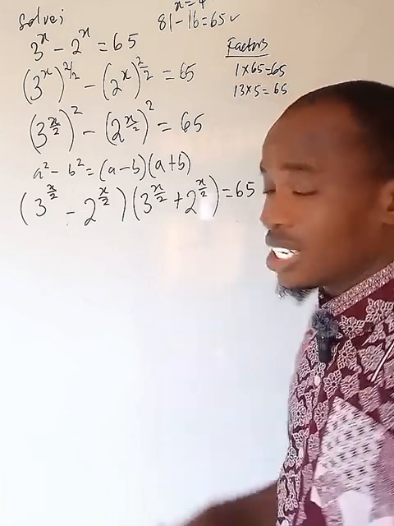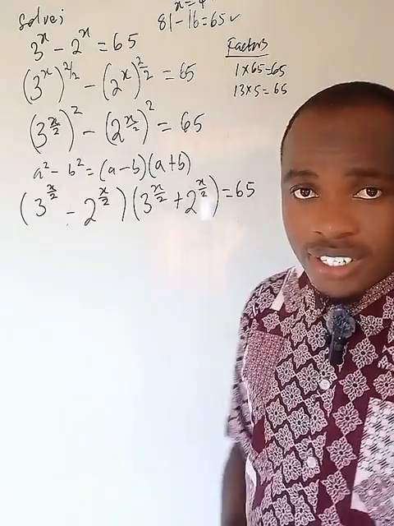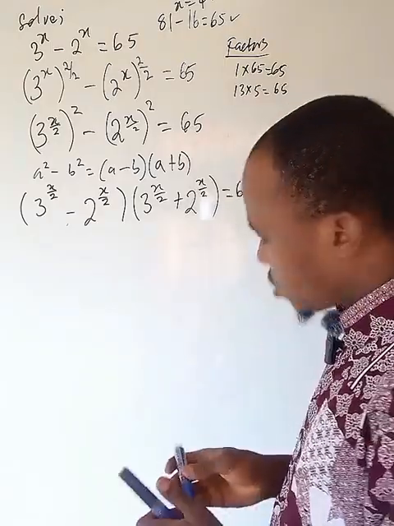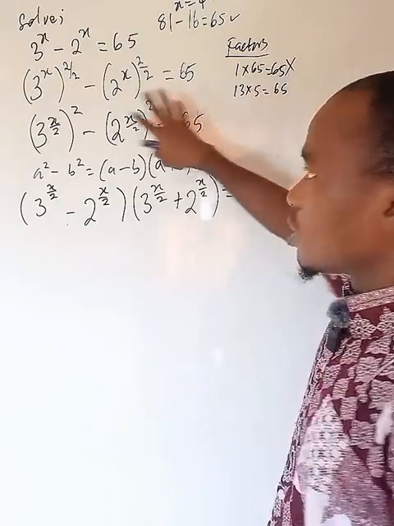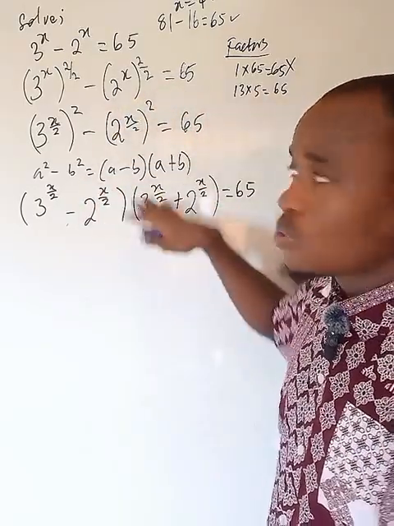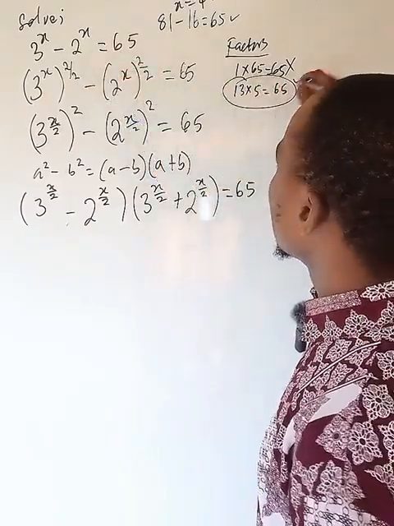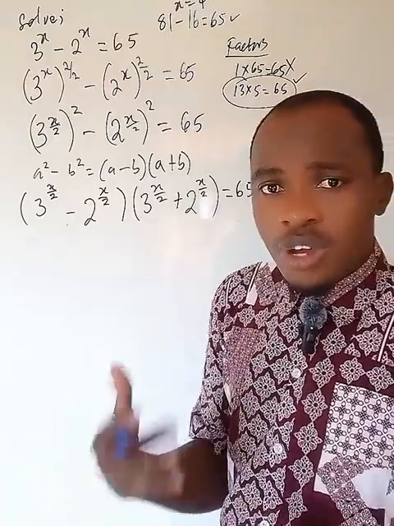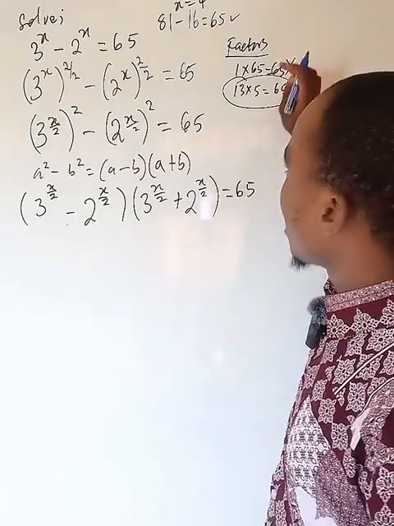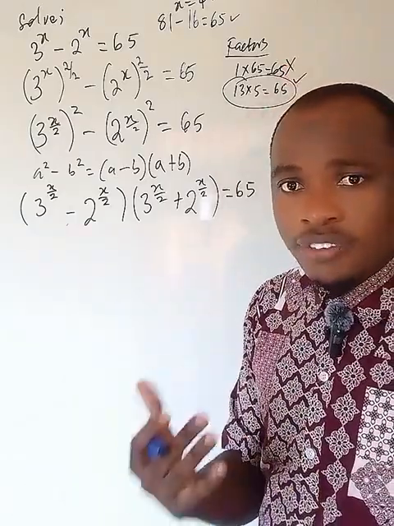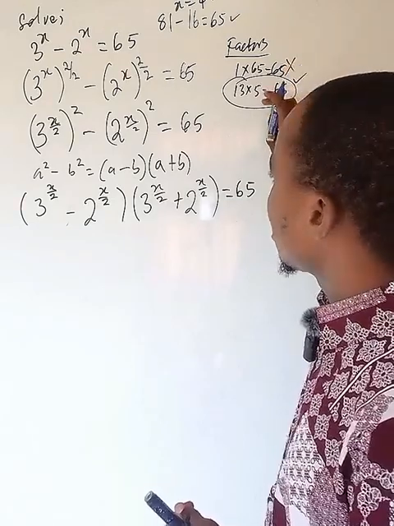So we have just 4 factors: 1, 5, 13, and 65. The next thing we're going to do, if you pick this one, it will not satisfy the equation. So the one that I'm going to pick is this one. If you are doing it, you need to show that it's not satisfied. But here I've done it, and I've seen that this doesn't satisfy. So it's this one that satisfies.